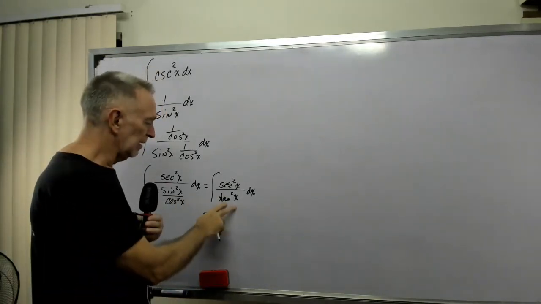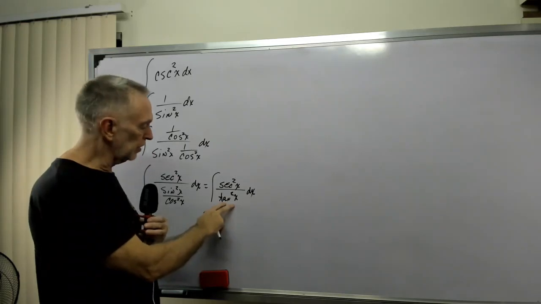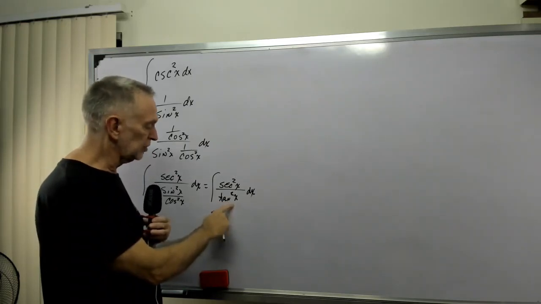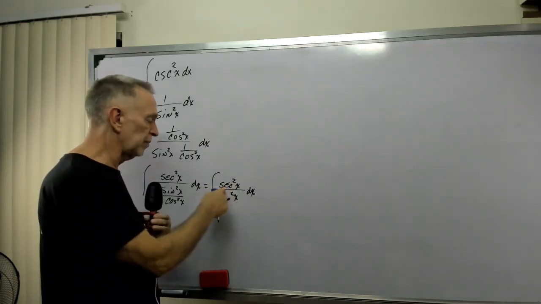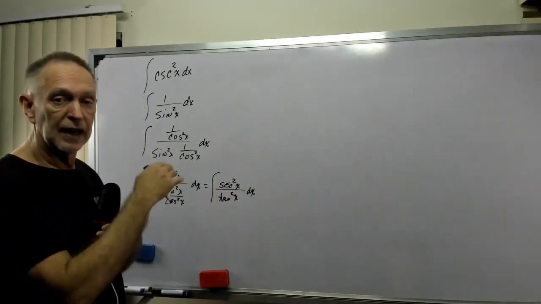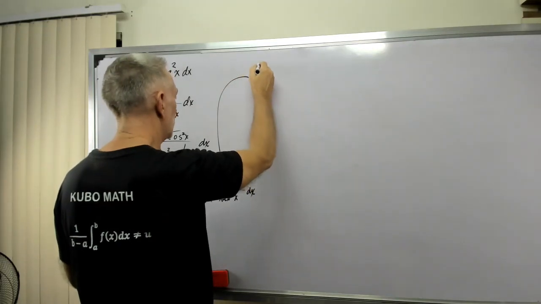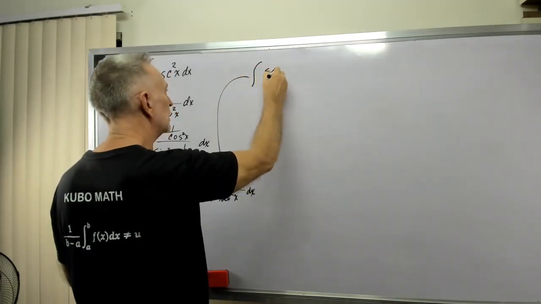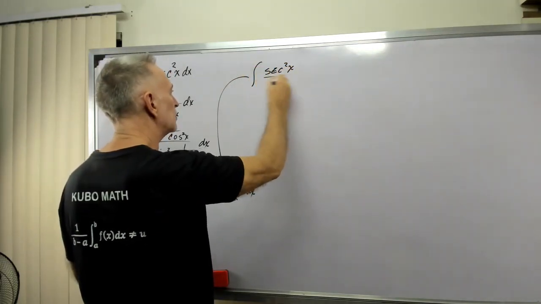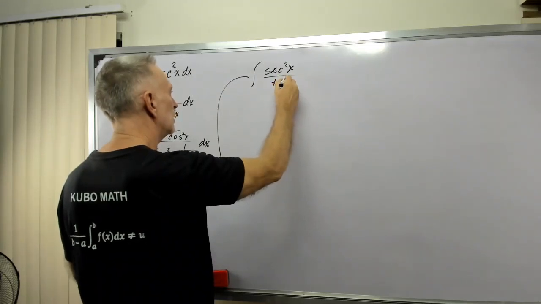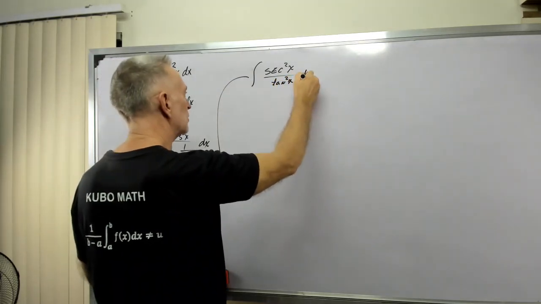Okay, and this is the cool part. If I were to do a u sub here and let u equal tangent x, du then would be a function of secant x, and I could cancel that secant. So let's do that. We have the integral of secant squared x over tangent squared x dx.